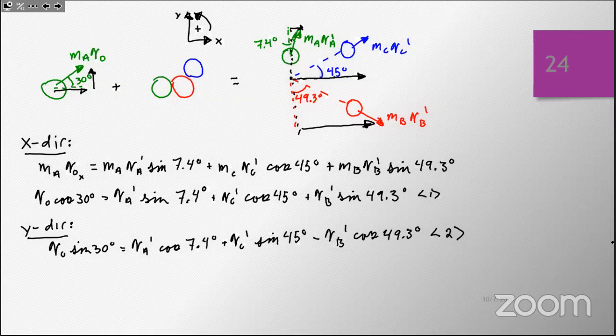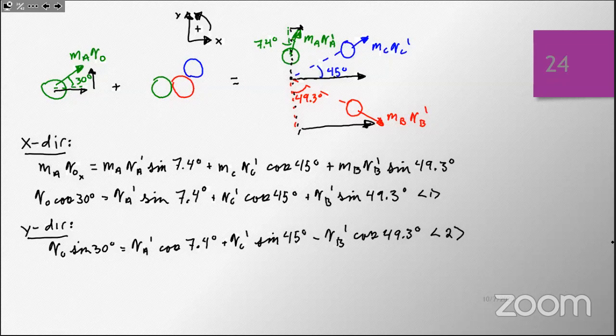So the total momentum or the initial momentum is equal to the momentum of all of the particles individually added up. So in the y direction, I've got V naught sine 30 degrees is equal to VA prime cosine 7.4 plus VC prime sine of 45 minus VB prime cosine 49.3. And that's going to give me my second equation, right?